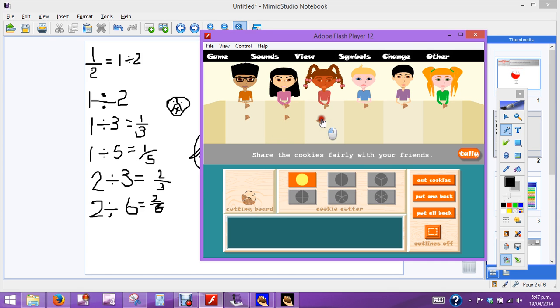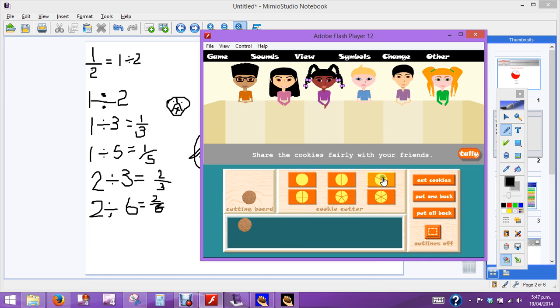They have 2/6 each. Now I've just joined up the cookies for these guys here, and that's a very familiar looking amount. I'm thinking that each person here, let's put all the cookies back, let's put one cookie back and another cookie back.